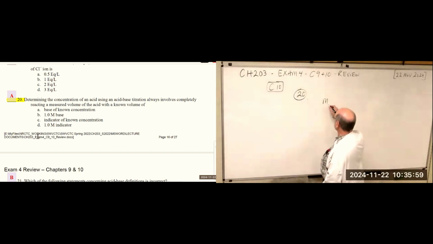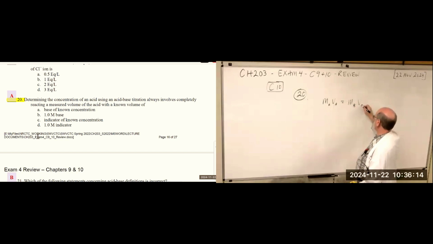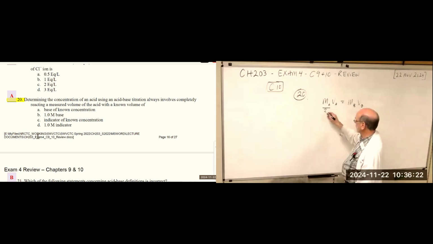So we're governed by the concentration of the acid times the volume of the acid equals the molarity of the base times the volume of the base. So which ones do we know? Concentration of an acid, this is unknown.